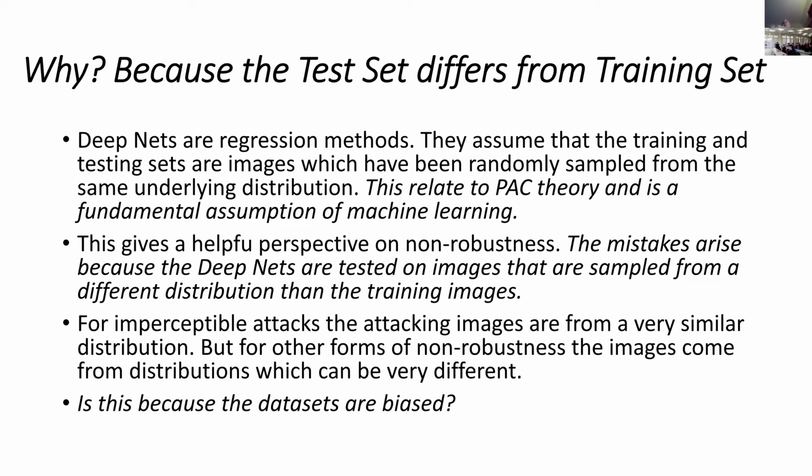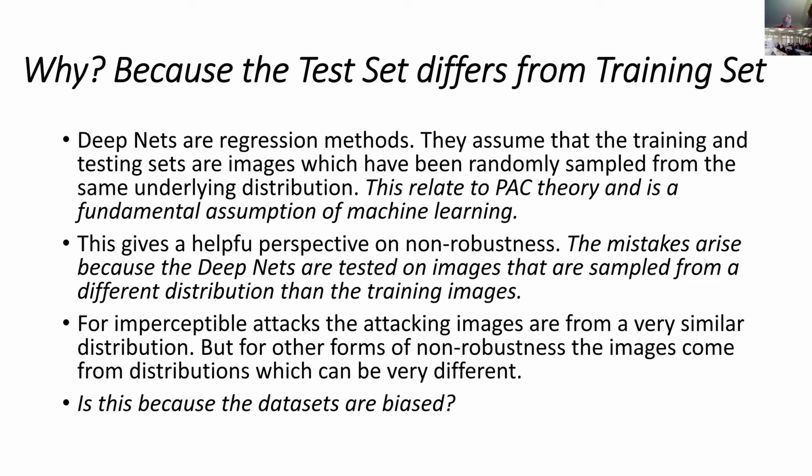This is a standard assumption in machine learning. There is mathematical theory, PAC theory, which justifies it. And I think this is the basic assumption that we have whenever we're evaluating algorithms.